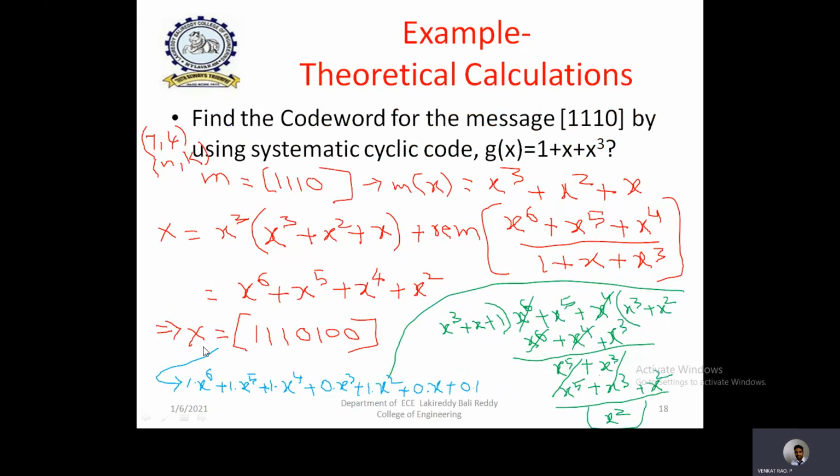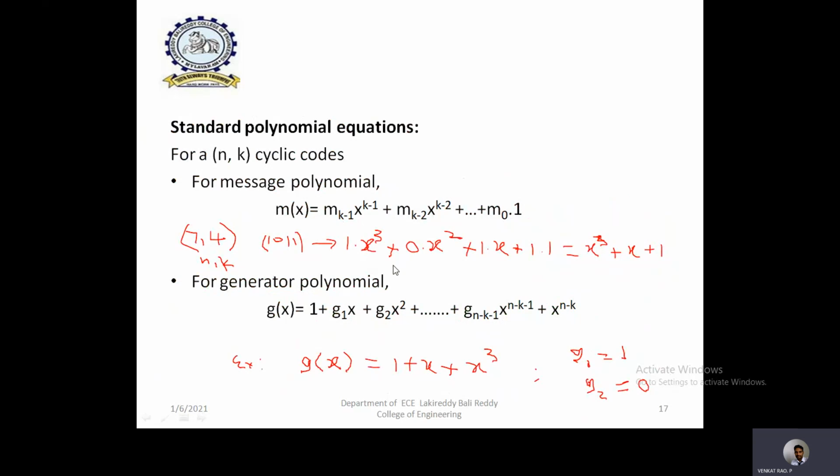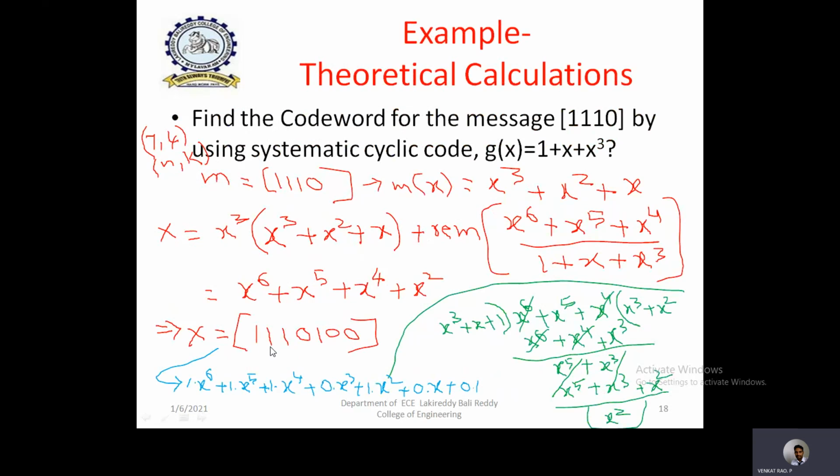Now, similar to the message polynomial representation, we can also find the code polynomial from this code word. So this is the code polynomial. From this code polynomial equation, we should be able to write the bit sequence. Since we know that the output code word contains 7 bits, we need to start from the component x power 6 down to 1.